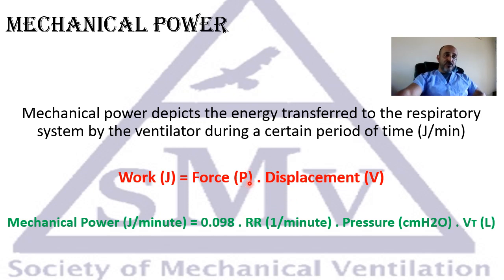So it's basically pressure times volume, that's work in joules. But when we convert to power, now that's joules per minute. Now we have to add a conversion factor to convert this into joules per minute, and we have to include the respiratory rate. So it becomes that conversion factor times respiratory rate times pressure times volume.